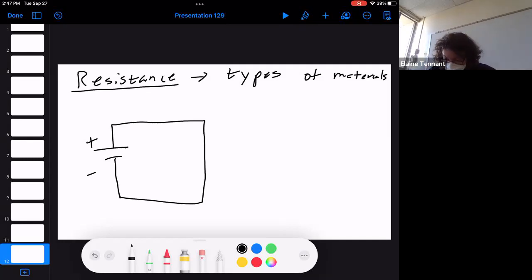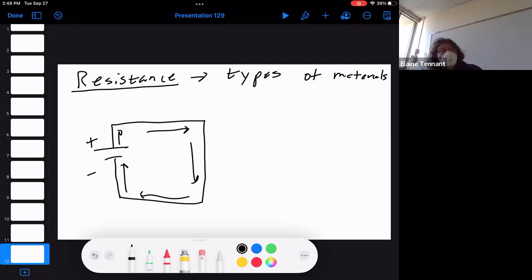Now, given that there is a positive and a negative side, I should have an electric field, right? An electric field that goes from the positive direction to the negative direction. But this is a wire. Can I have an electric field inside of a perfectly conducting wire?